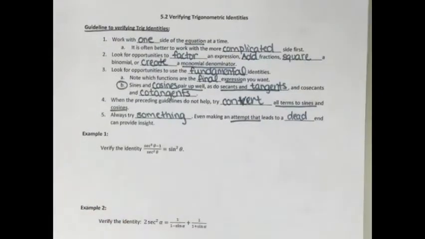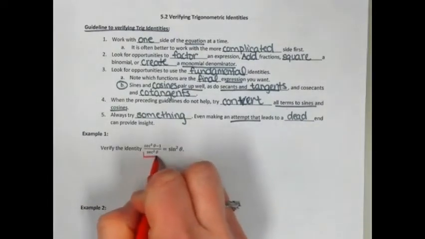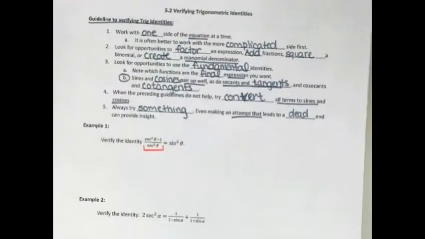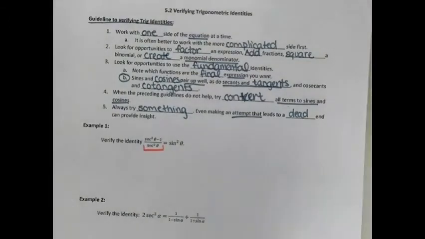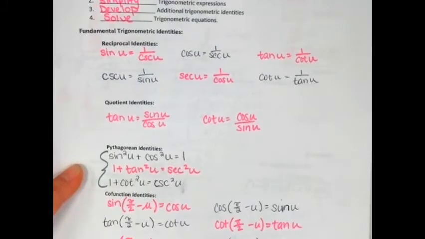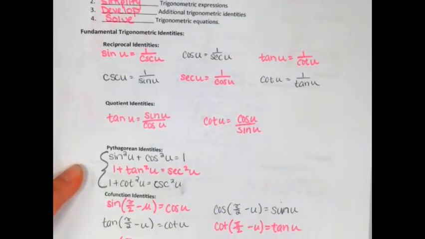Verify that secant squared theta minus 1 divided by secant squared theta is equal to sine squared theta. Which one looks more complicated? The left side. So let's break this down, and we want this side to get to sine squared theta. Let's start with our numerator, secant squared minus 1.